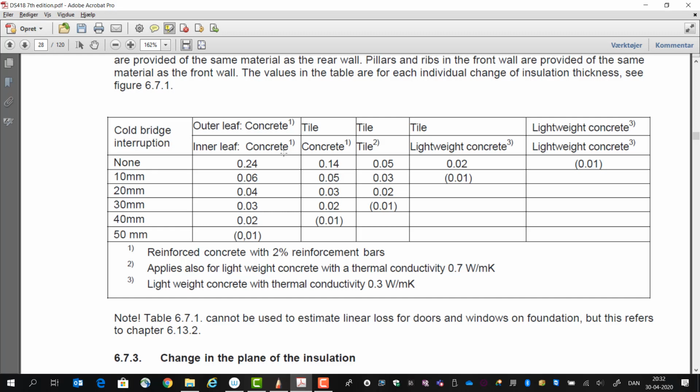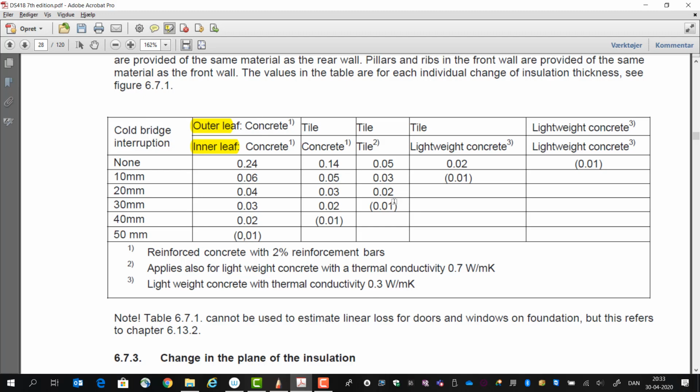So 30, and then we have here the outer leaf and the inner leaf, and we have concrete, but now we have bricks, and that's tiles. So if we, for example, have 30 millimeters, that gives us a cold bridge linear loss of 0.01. And even though it says that the brackets we don't need to include, we need to include it today because the constructions are so good.